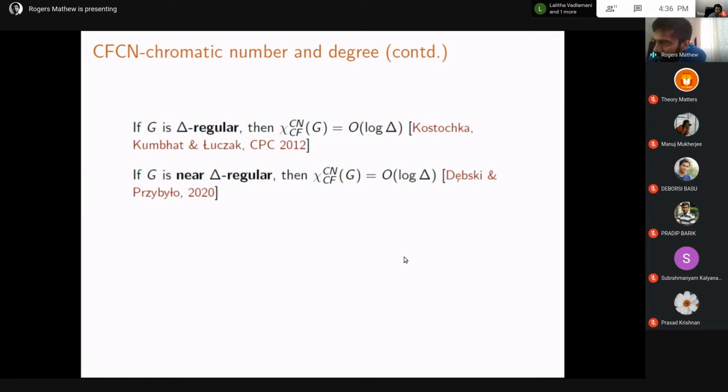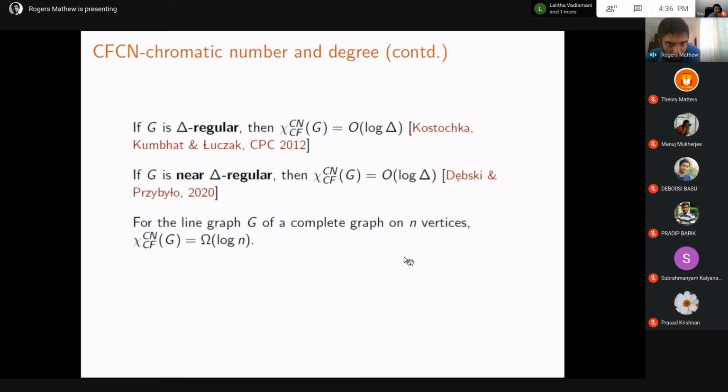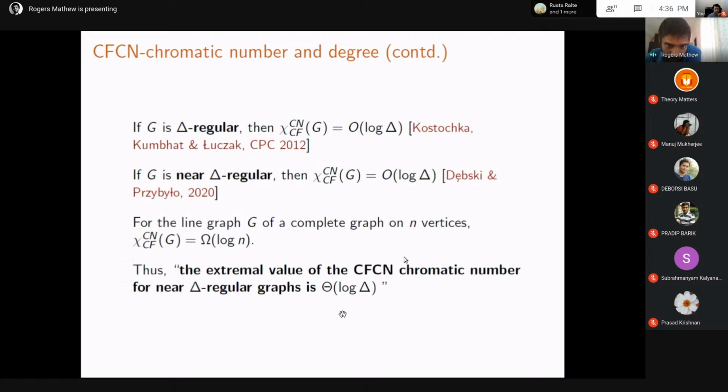Even for near delta regular graphs, you can get the same order of log delta bound, which is an improvement over the general order of log square delta bound. This bound, due to a lower bound result from the same second paper, is tight. You cannot get better than this.